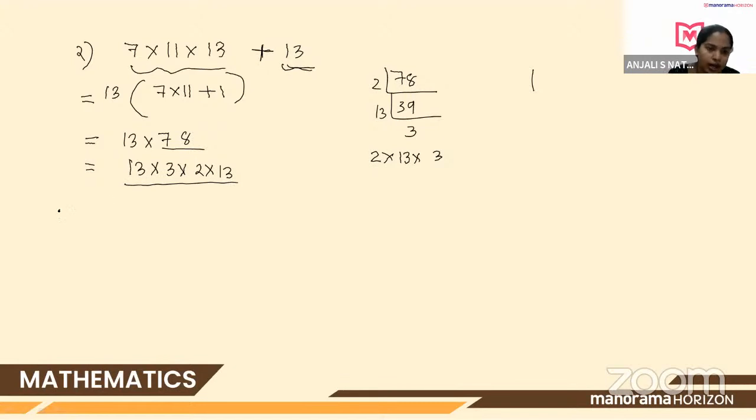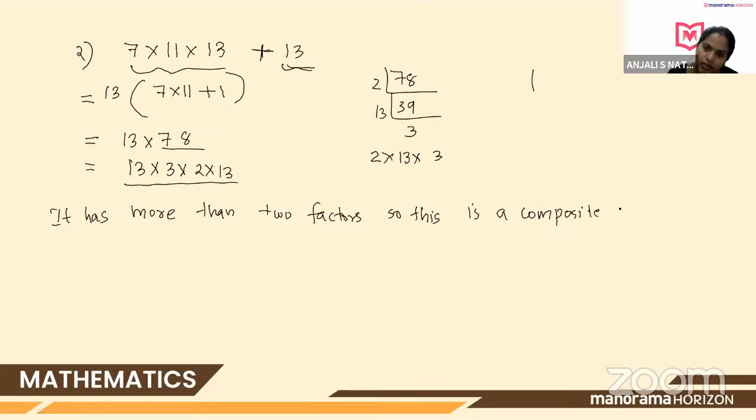So it has more than 2 factors, right? So this is not a prime number. So this is a composite number. We proved it.